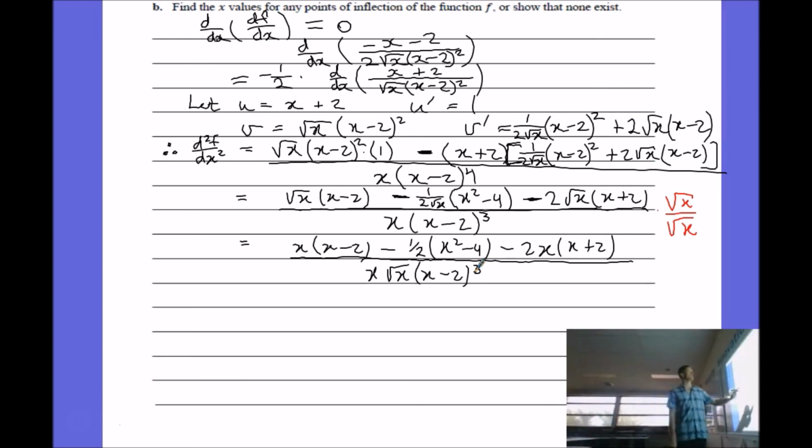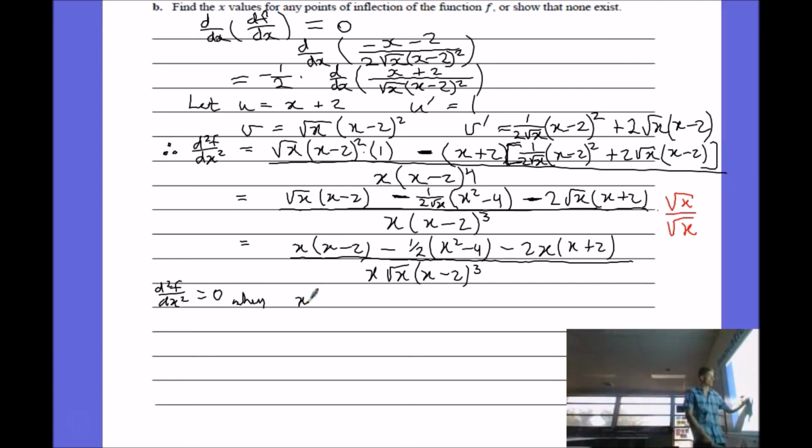Okay, I want to see when does this go to 0? Alright, well, same idea as when the numerator goes to 0. So second derivative equals 0 when my numerator goes to 0.